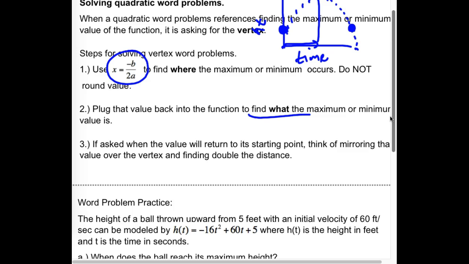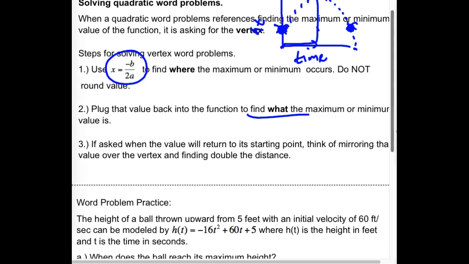Oh, we could reflect across the... Yeah. This point here just gets reflected over your line of symmetry and lands here, right? Because of the symmetry of our parabola, if we know how long it takes for us to get from here to here, we can just double it to get to the other side. Does that make sense? So that's not going to tell us when it hits the ground. It's going to tell us when it's back to the original height. Later on in the chapter, we'll look at when does it hit the ground.